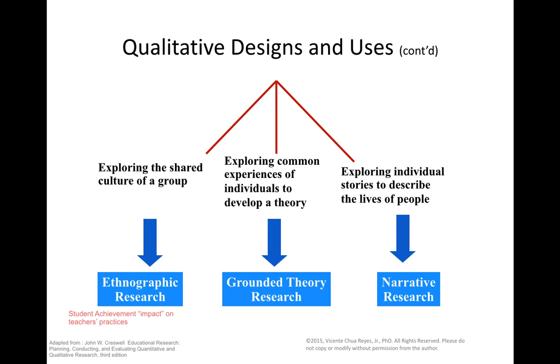What are some examples? When you take a look at student achievement and its impact on teachers' practices, you're looking at the shared culture of teachers. This could be considered an ethnographic type of research. Student achievement and what this means to students: essentially, you're exploring common experiences of individuals to develop some sort of theory from the ground up.